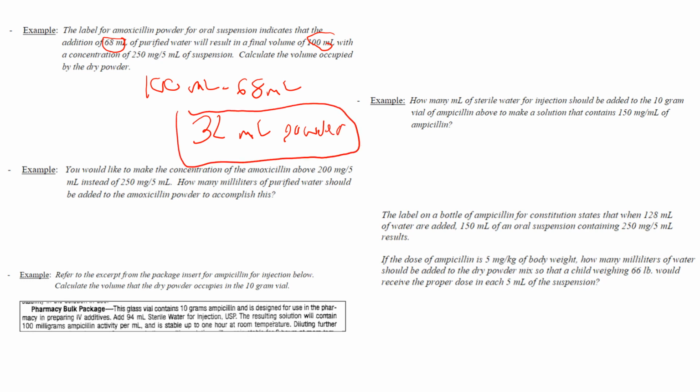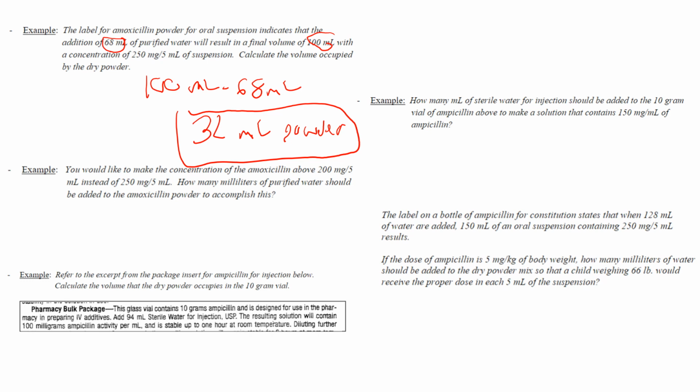This next one, you would like to make the concentration of the amoxicillin 200 milligrams per 5 milliliters instead of 250 milligrams per 5 milliliters. How many milliliters of pure water should be added to the amoxicillin powder? So a few steps that we need to take in order to solve this.